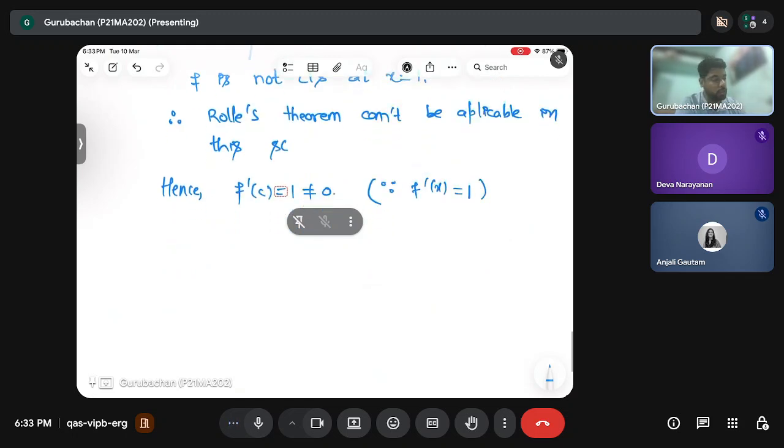Now a similar kind of question on the mean value theorem is like this.